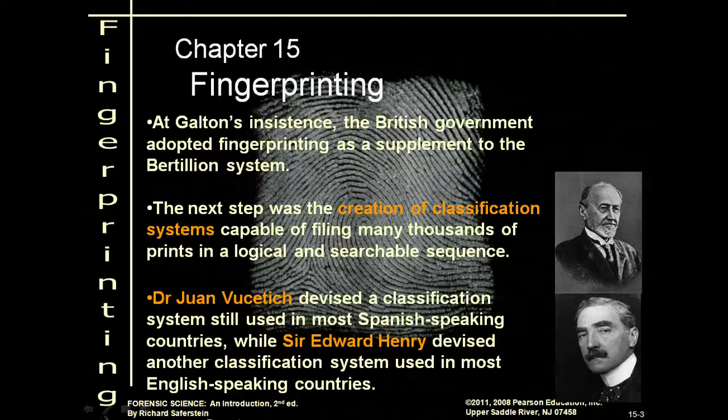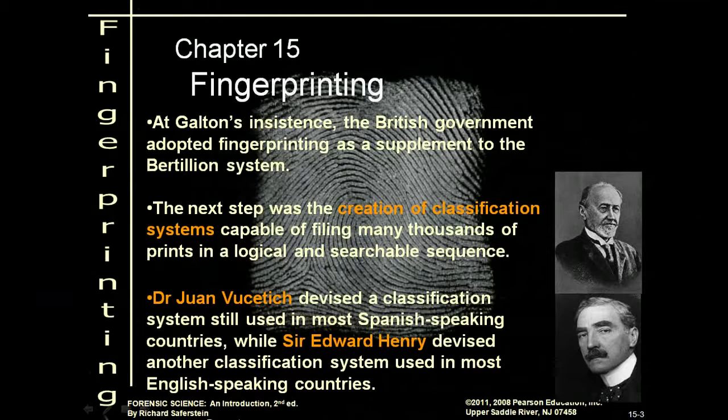There's two main systems, and we're going to talk more about the classification system in another class period, but there was Dr. Juan, I think I'm saying this right, Vucetich. He created really the first classification system for how you can look at all of the different fingerprints together and determine that they belong to a certain person.